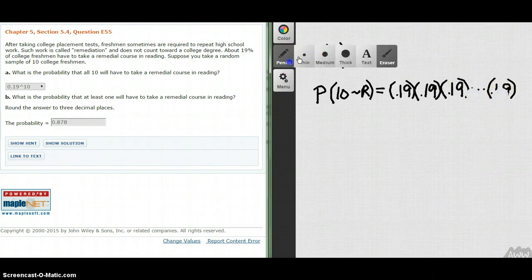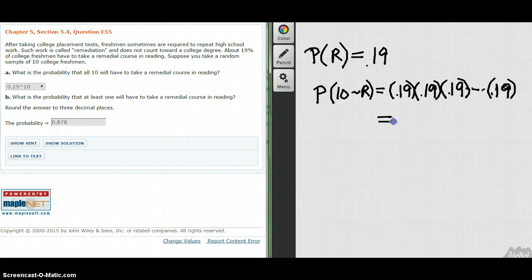That was a really big eraser. So we have these dots, by the way, I'm putting up higher to represent that the multiplication continues. If we're listing or adding, we tend to do them down on the ground. So here we have 10 copies of 0.19. In other words, it's 0.19 to the 10th power, and you don't need to compute that. They have a drop down, hopefully, so you were able to pick that.